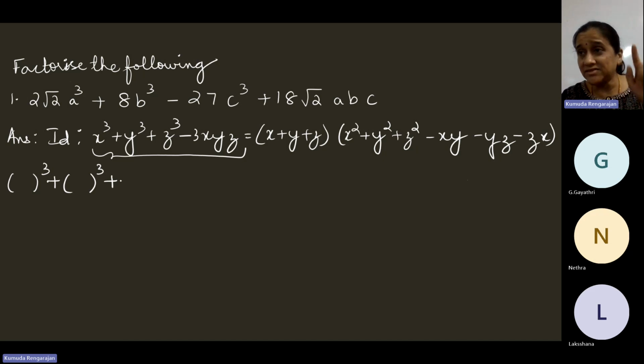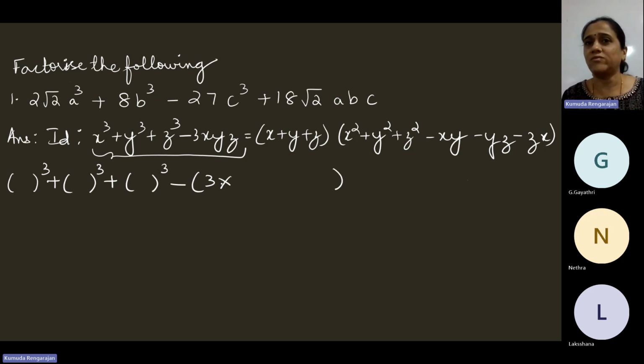Plus, take the sign from the identity and not from the question given to you. Plus z, we have to identify, cubed. Minus 3 into x into y into z. We are going to write this now, because we need to show that the given expression looks like the left-hand side of this identity. We are convinced it is correct, but you should present it.